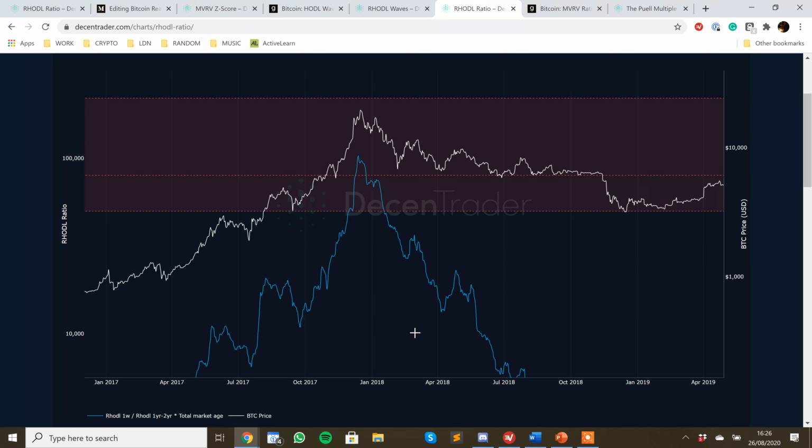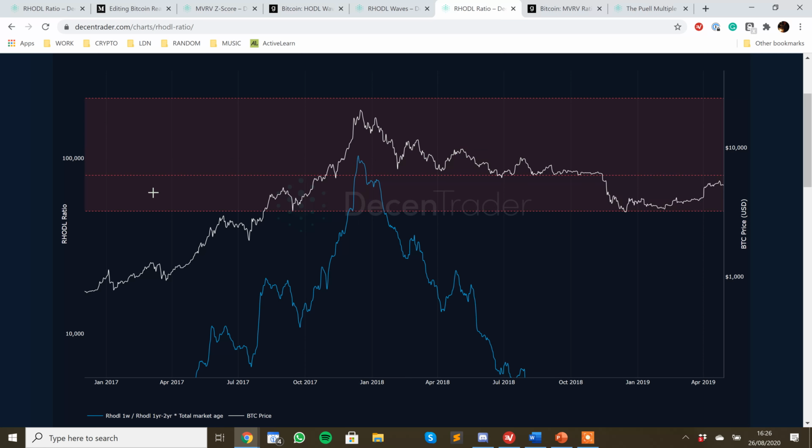So last cycle, when we topped out in December 2017, you can see we topped out the 16th of December. The R hodl topped out on the 13th of December, so 3 days before.